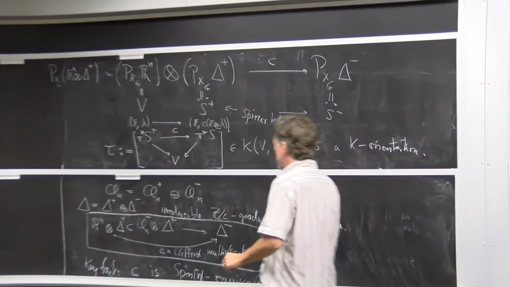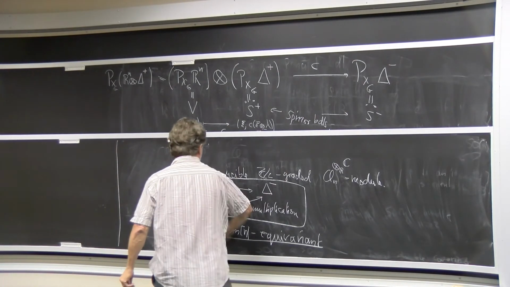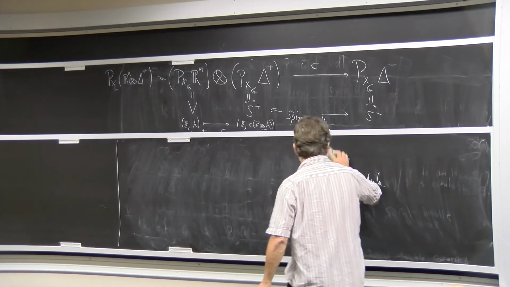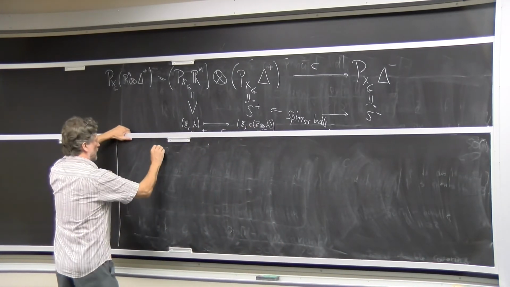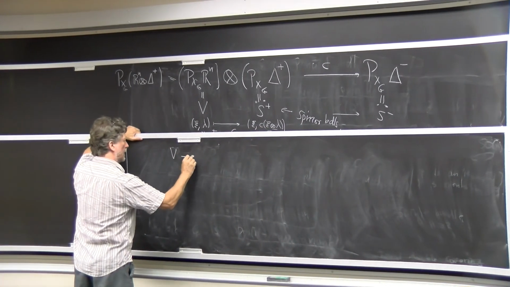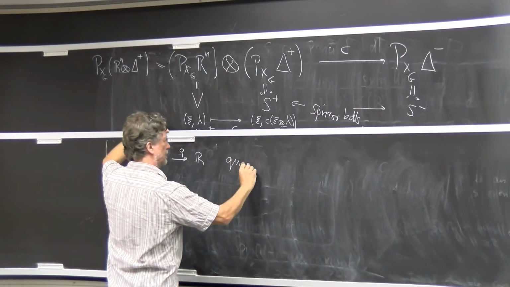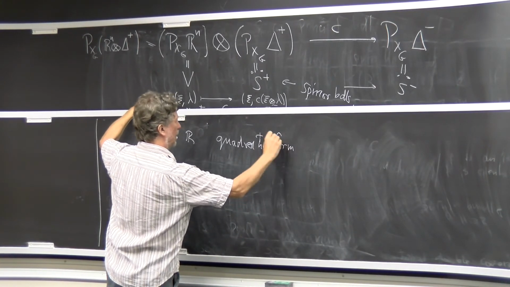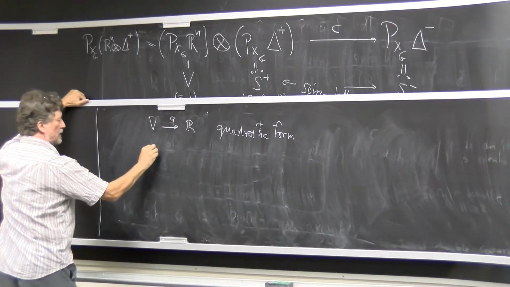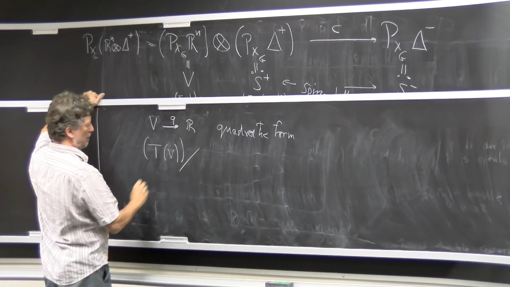So what is the input needed to define a Clifford algebra? You need a vector space together with a quadratic form on it. So V, and we have a quadratic form. And then you do the same thing. You take the tensor algebra generated by V, and then you mod out by a relation.